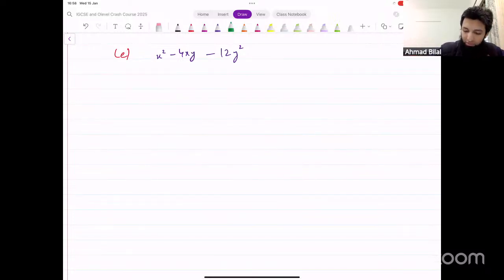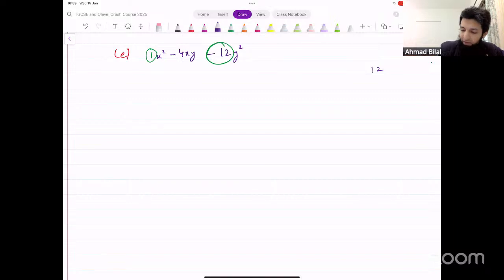You just think of the numbers first of all. Just like before, forget about x and y for now. Just focus on the numbers that you've got. This is 1 and this is negative 12. Just think of those two numbers. You've got 12.